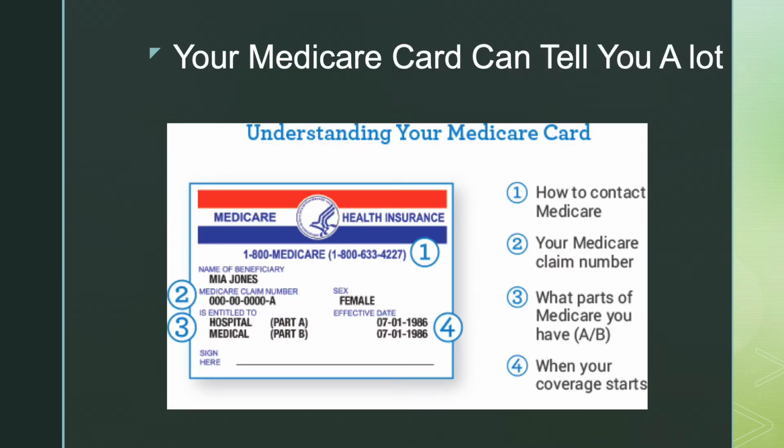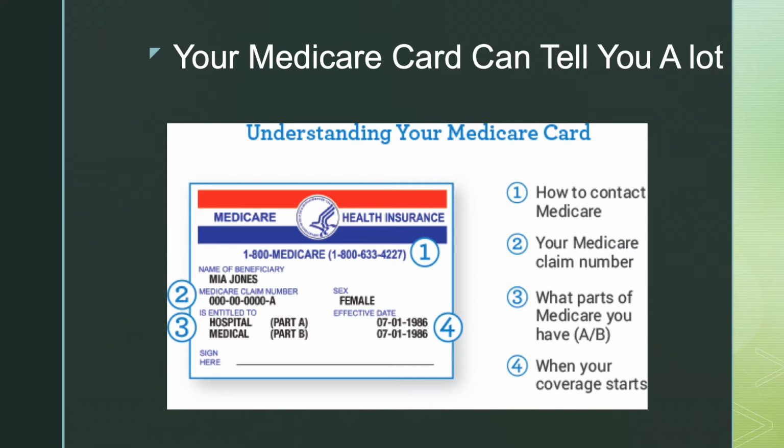This is an example of a Medicare card. You can see that it's got Medicare's phone number on it, it has your name on it, and then it's got this Medicare claim number. Medicare issued new cards to Medicare eligible beneficiaries a few years ago, and all the new cards have a special ID number on it, removing your social security number so that your identity is protected.